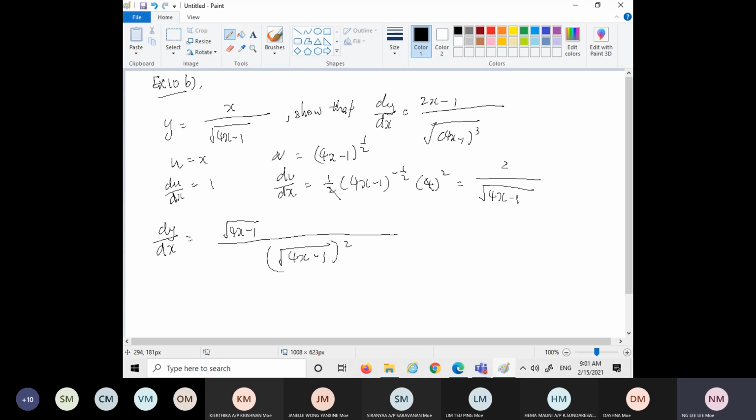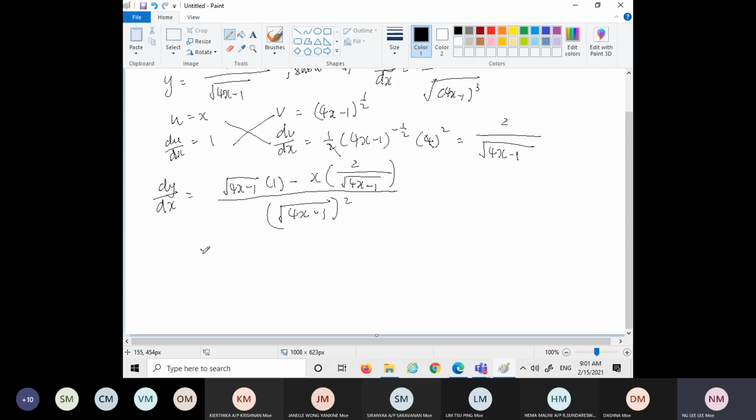The denominator is this one, 4x minus 1. So this and this times 1, minus x times this. You can see from here how you are going to reach here. This is another problem, we'll see how we do.